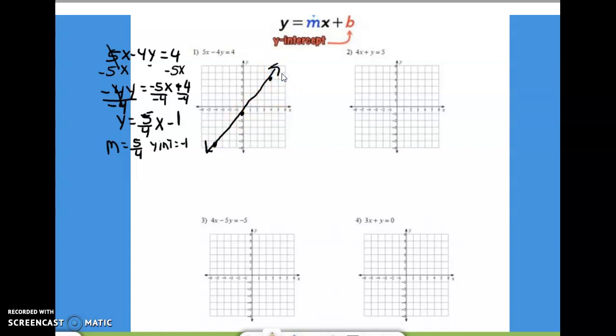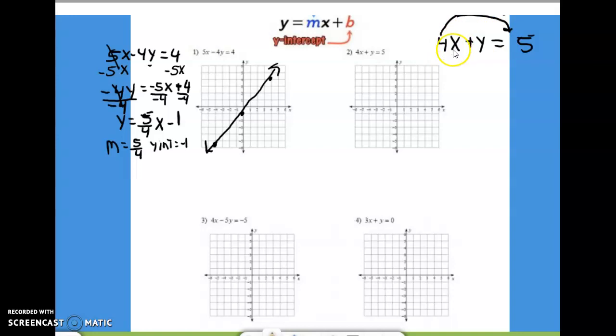Okay, positive line. Next one. So if I want to get y by itself, right? Now let's just think about it this way for a second. If I take the 4x and I move it over to the other side, right? If it's positive here, I have to subtract it.